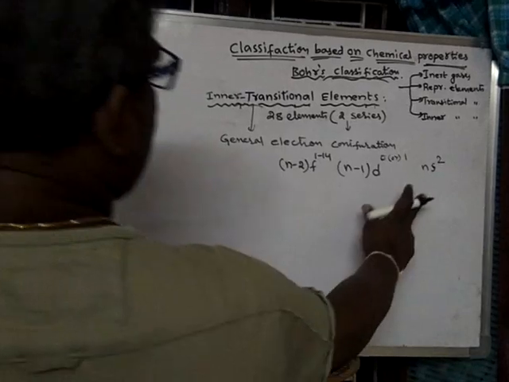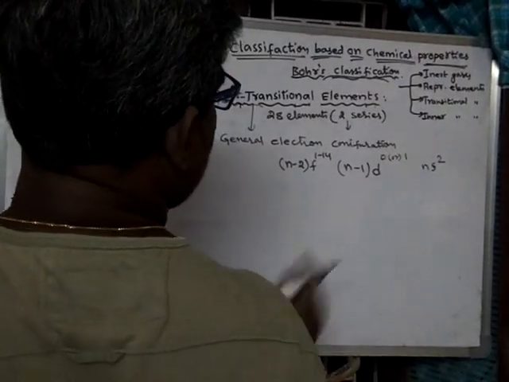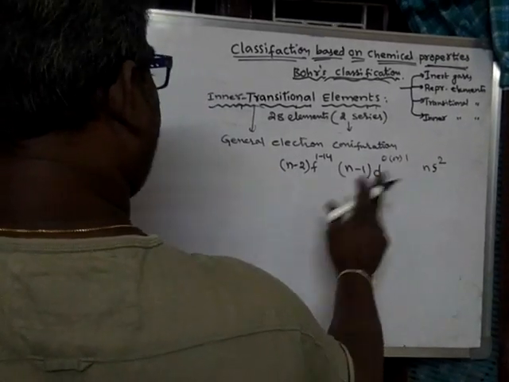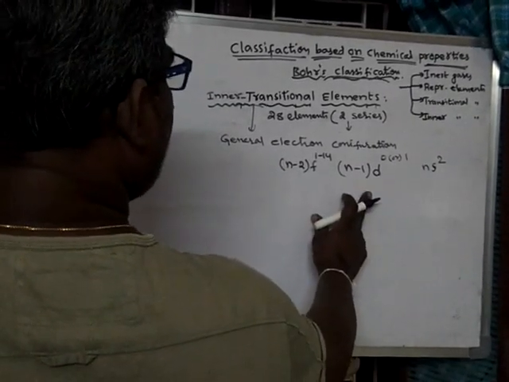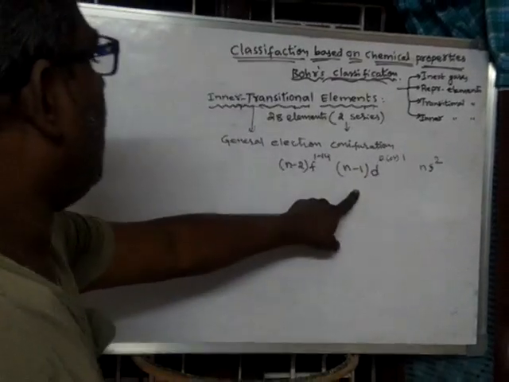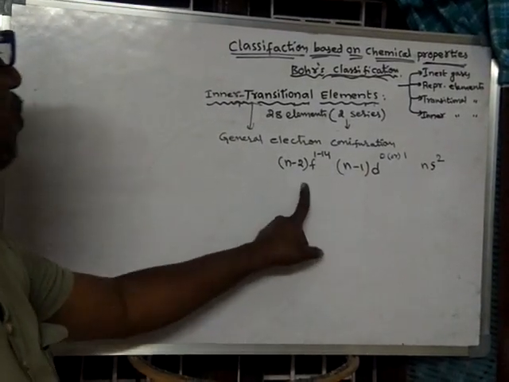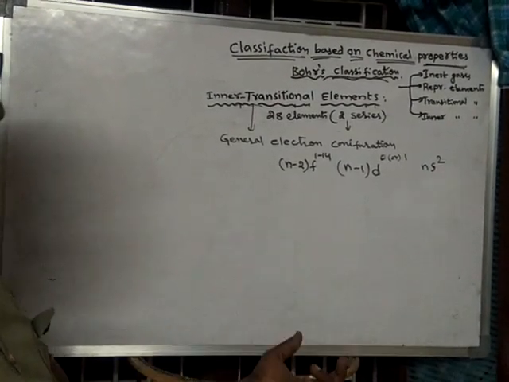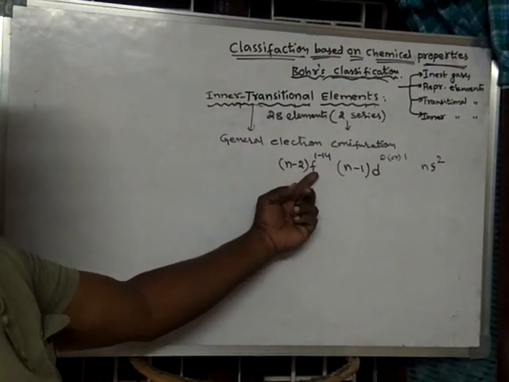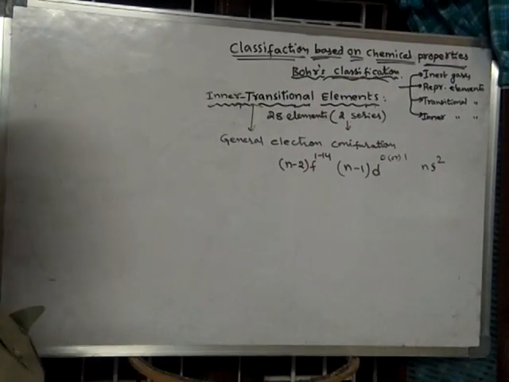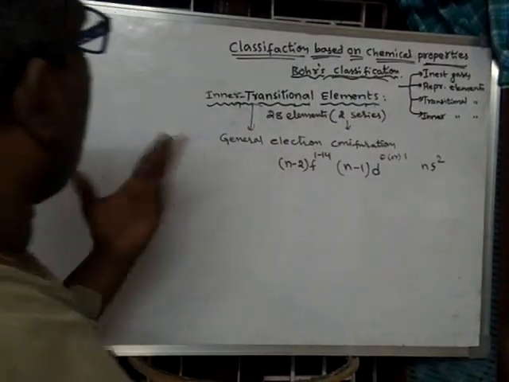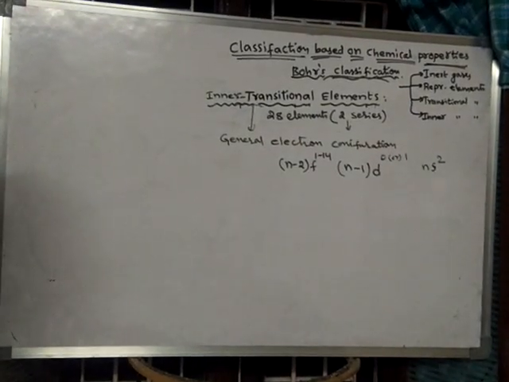That means the last orbit contains 2 electrons in s, and the last but one orbit contains s electrons, p electrons, and d electrons, which may be 0 or 1. And the last but 2 shell contains s electrons, p electrons, d electrons, and even f electrons, and the f electrons may be 1 to 14. So this is the general electronic configuration, and this is applicable to all these elements.